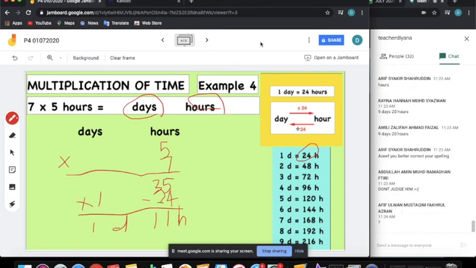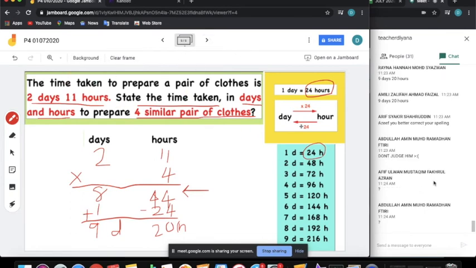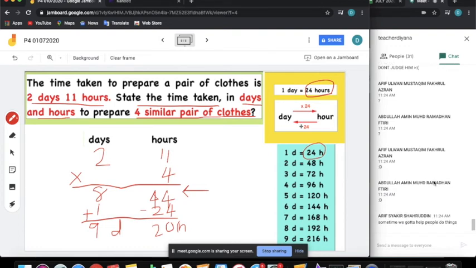Okay, now the last one is about problem solving. Before we do the calculation, I want to ask everyone here, 29 of you: do you understand or not? Before we go to the activity. Yes, very good. Alhamdulillah. I don't want you to talk about anything not related, Arif Syakir. The rest, the girls who did not tell me anything at the chat box, do you understand?